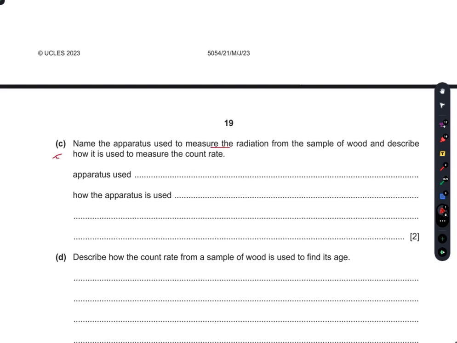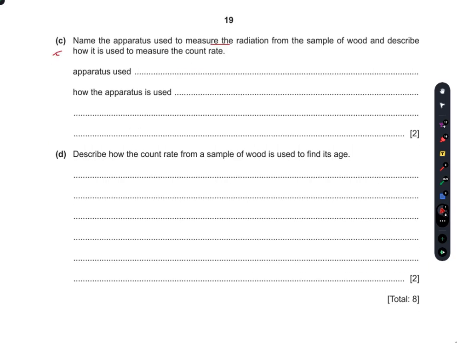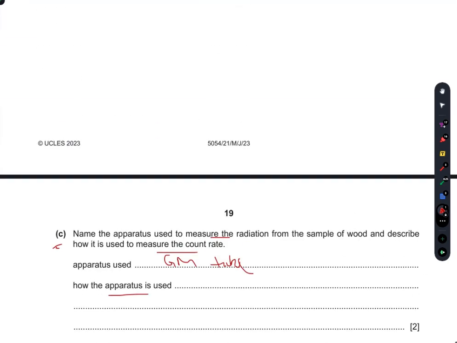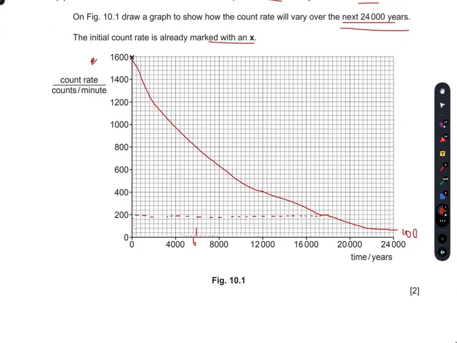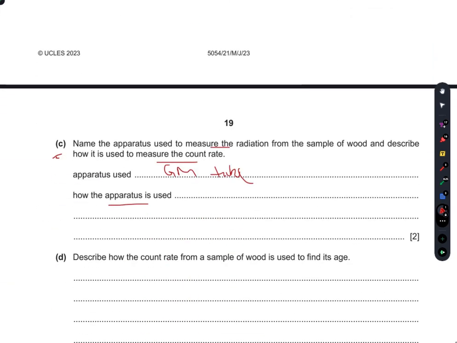Part C. Name the apparatus used to measure the radiation from the sample of wood and describe how it is used to measure the count rate. The apparatus used is the GM tube. You all know this. The GM tube measures the number of counts at a specified time, and then we compare the count rate with the graph we had initially drawn, and this will help us figure out the age of the sample of wood.